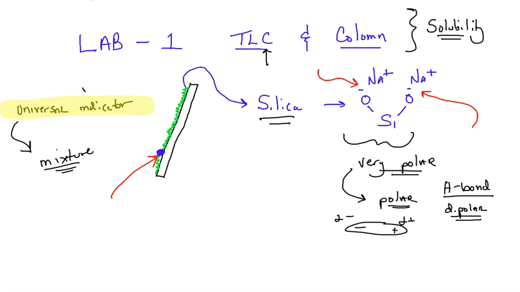Now, in a TLC or thin layer chromatography, we're going to put this plate and put a solvent in it. So we're going to put a solvent here.